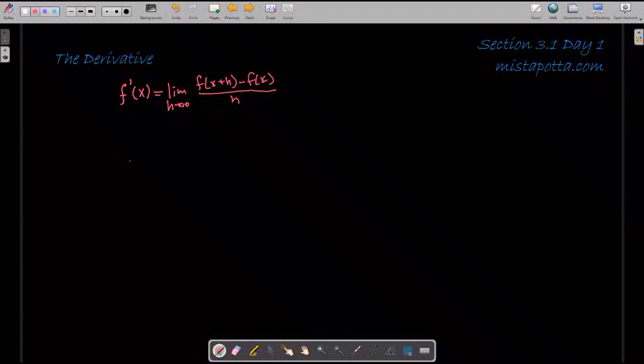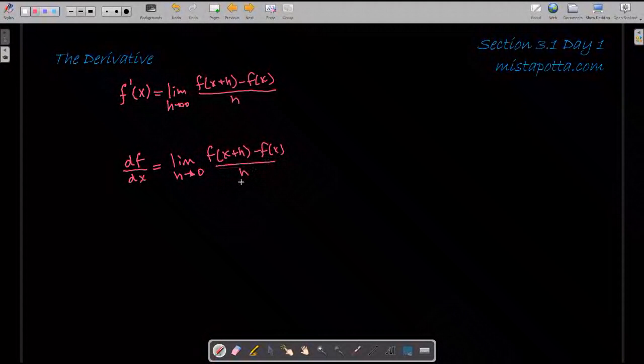We can also talk about the change of a function with respect to its independent variable x. It's just a different notation, but it represents the exact same idea. The limit as h goes to 0 of my function at x plus h minus my function at x, all divided by h.